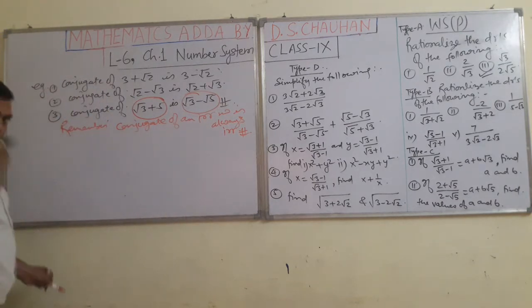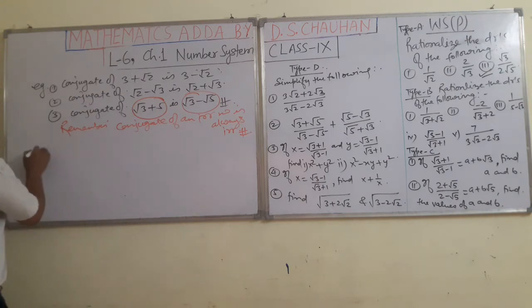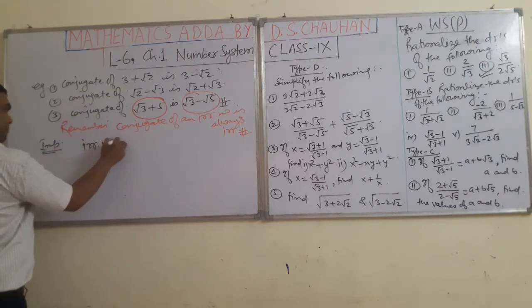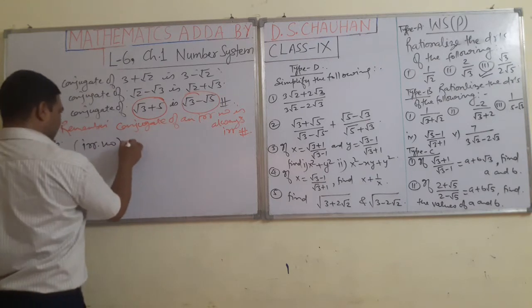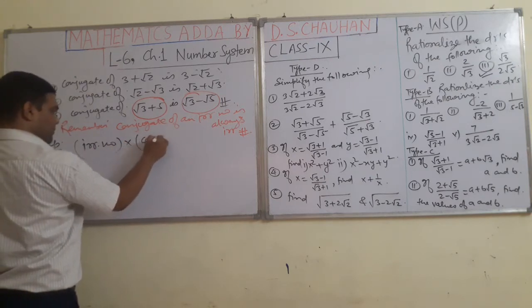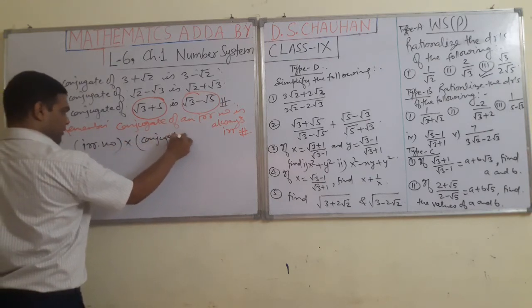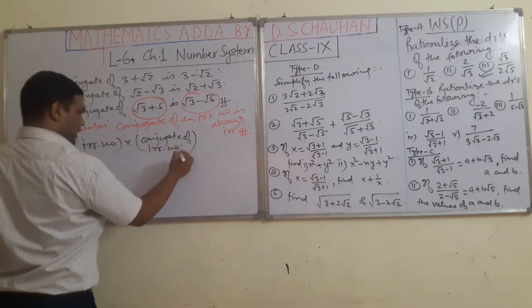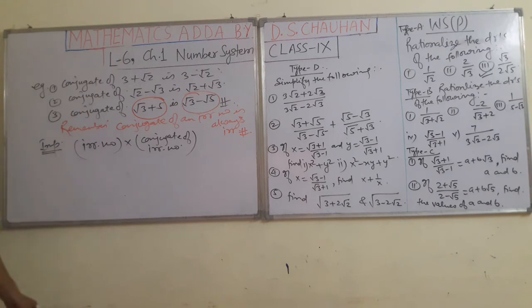See, suppose students, we multiply a given irrational number by its conjugate. The result always comes as a rational number.